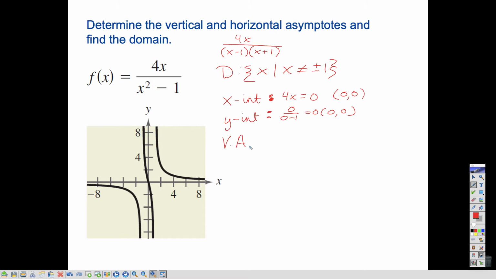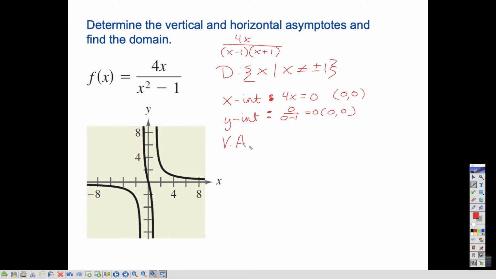The degree of the numerator, that's horizontal. Go up one on your list. You only wrote those. Okay, so you better write it down now.